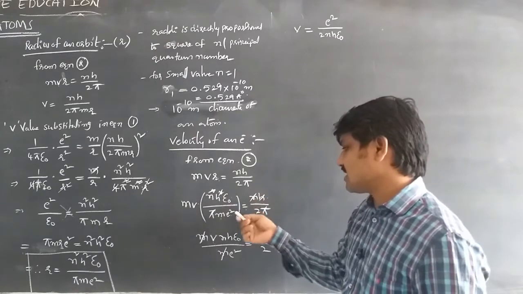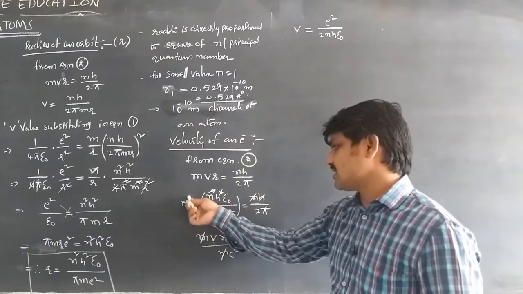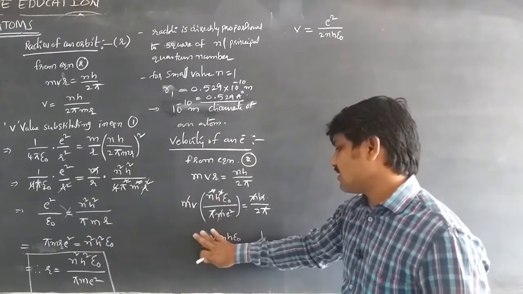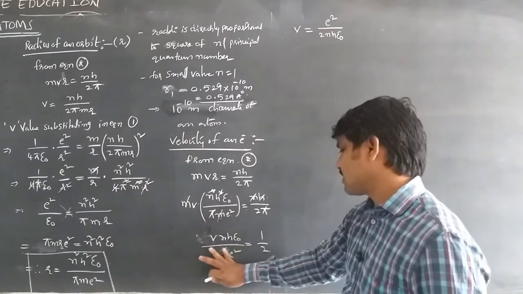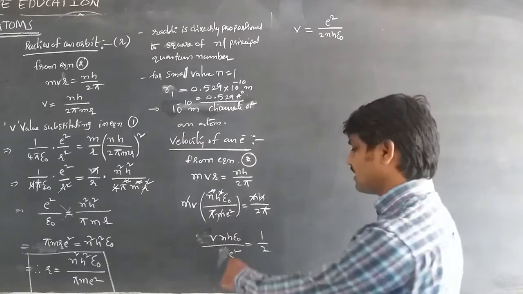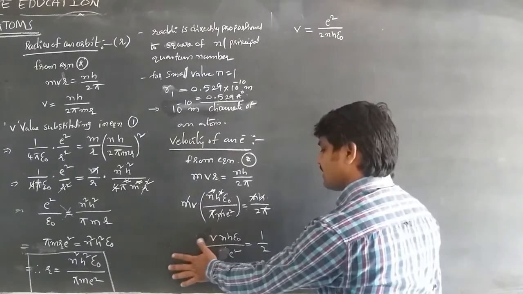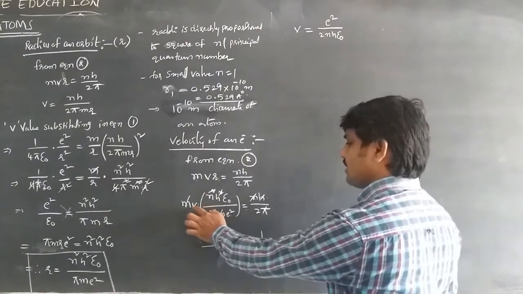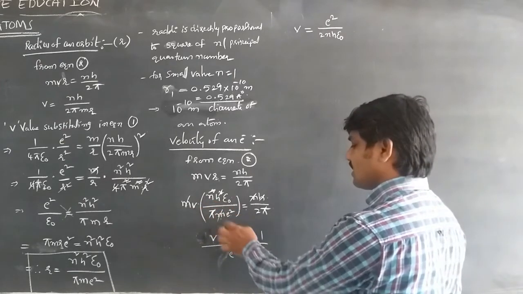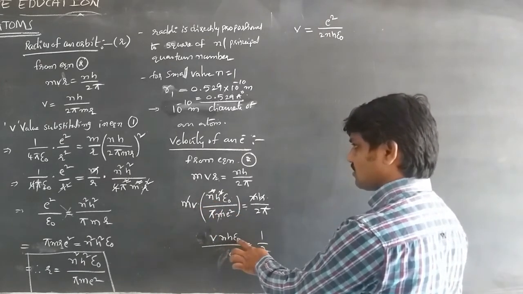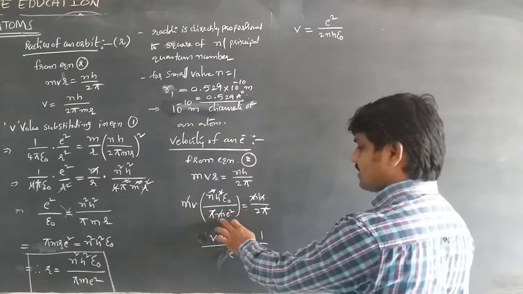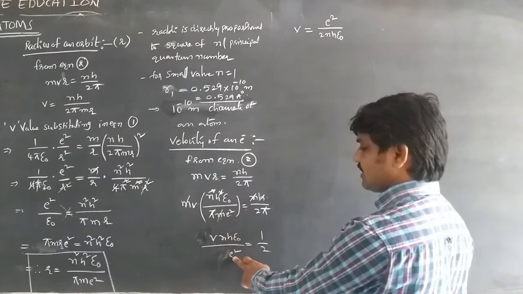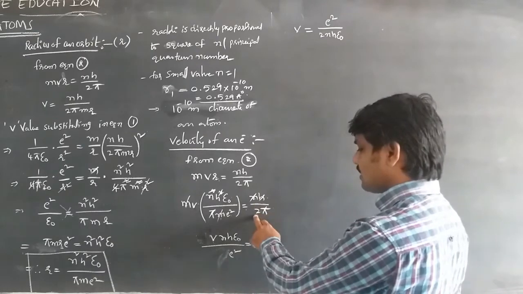The same terms get cancelled, and the m also cancels. The remaining terms give v n h epsilon naught by e square equal to 1 by 2.